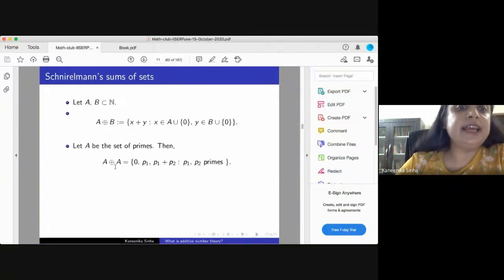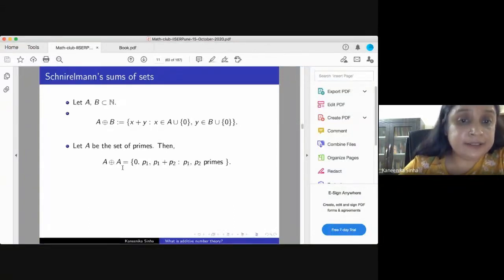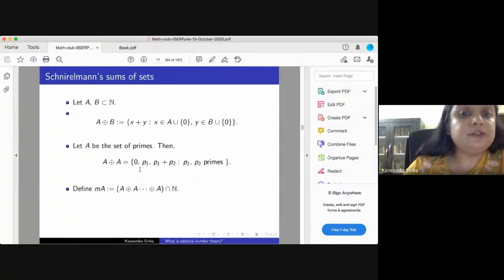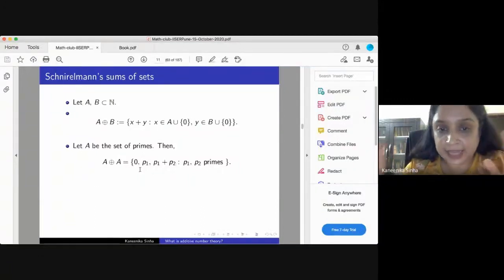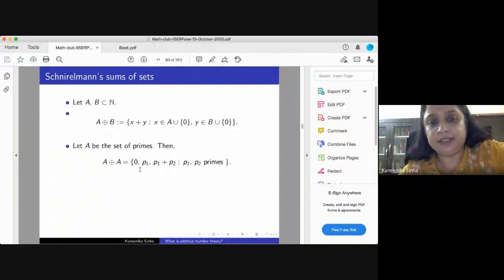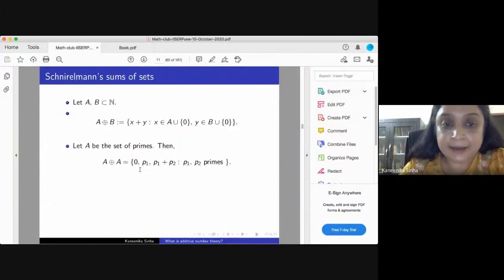In other words, it includes all the non-negative integers which can be written as a sum of at most 2 primes. Of course, we are only interested in the natural numbers. So 0 is just to make sure that we don't miss out individual sets A.